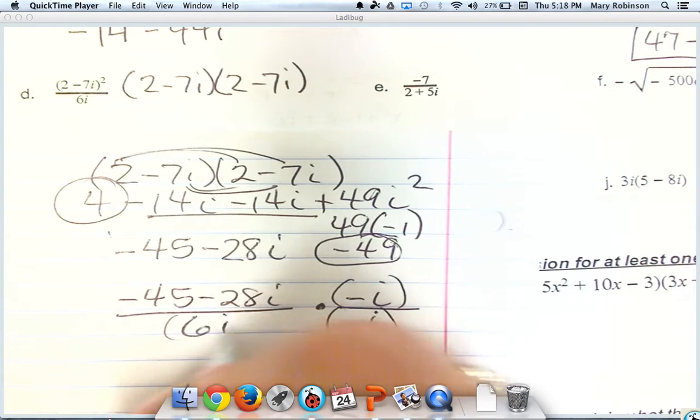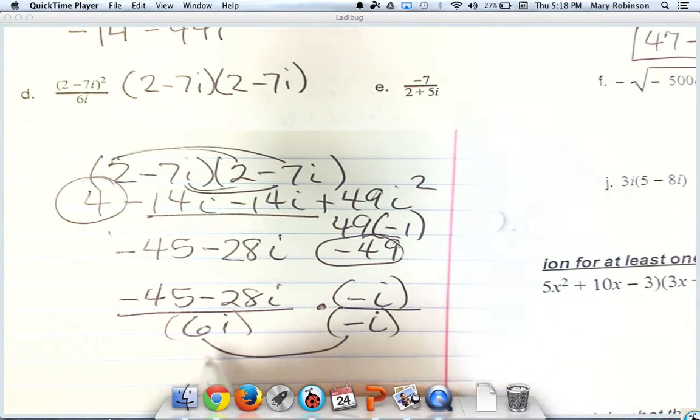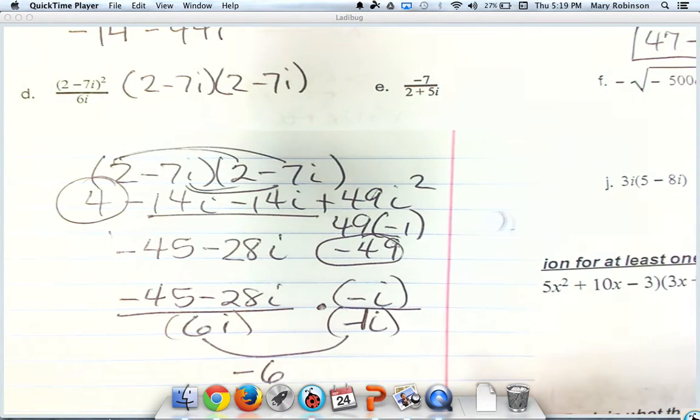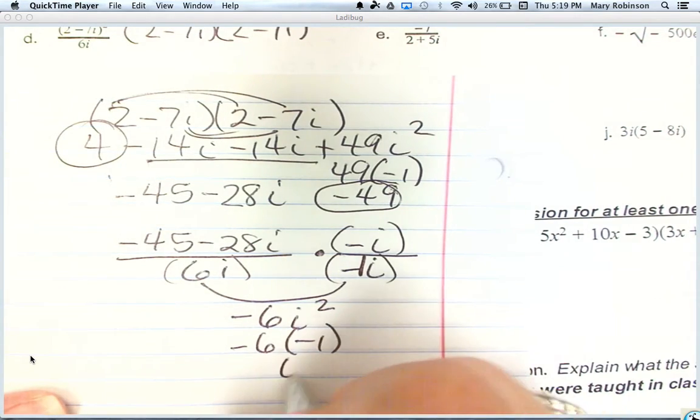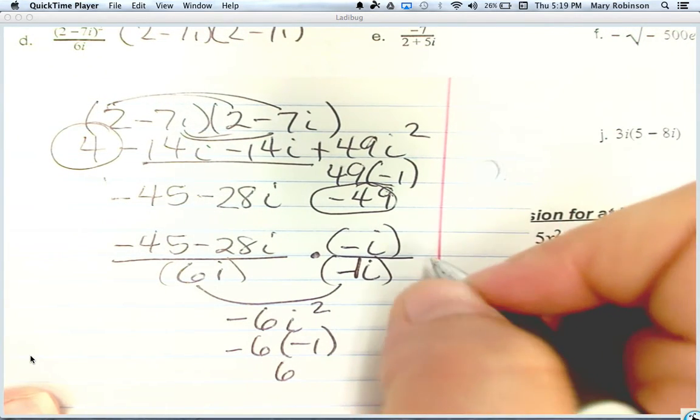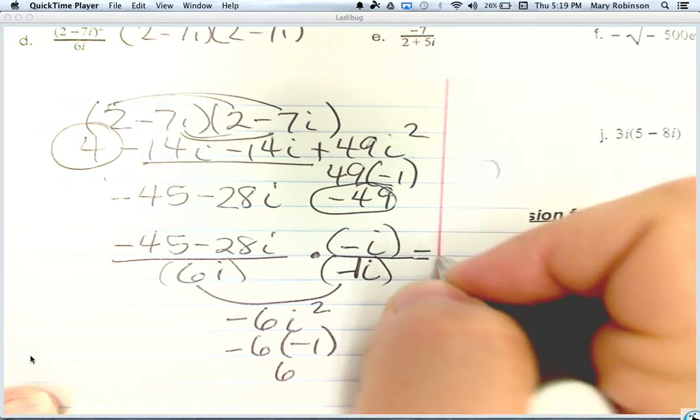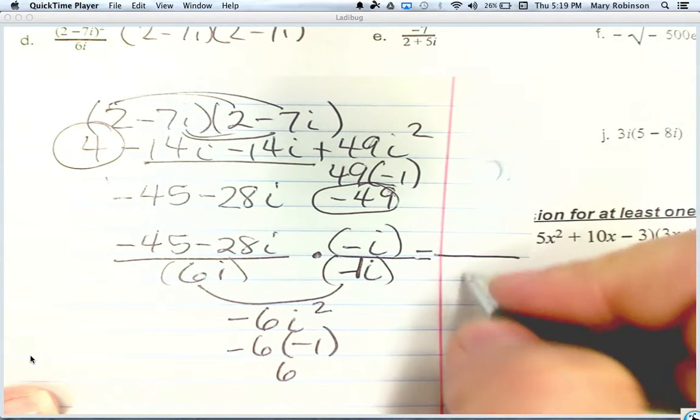Keep in mind that when you are multiplying this together, this is really a 6 times negative 1, which is negative 6, times i squared. i squared is negative 1. Negative 6 times negative 1 is positive 6. So in my answer, my denominator is positive 6.